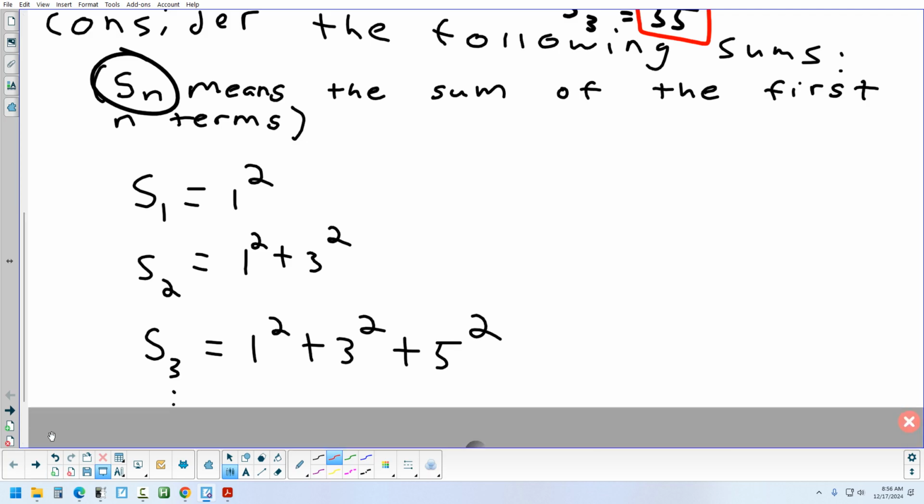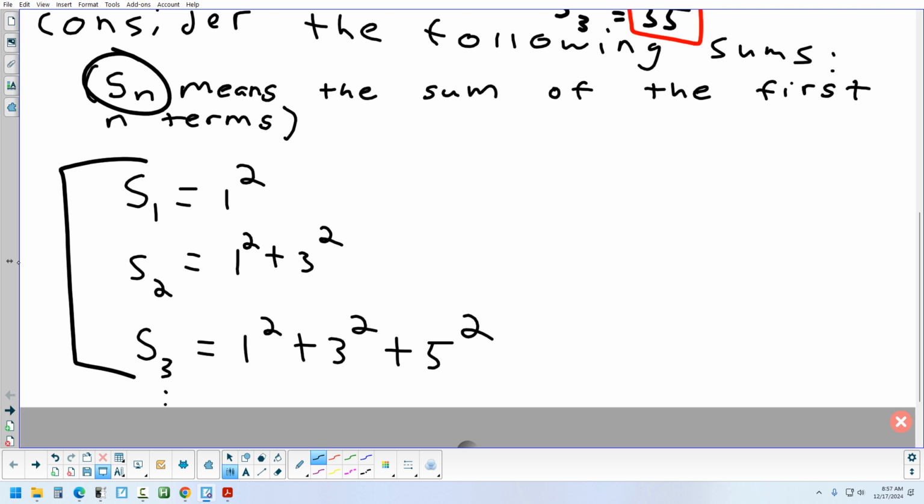That's how you find those. Okay, so any questions on how I got those formulas for each one of those? And then the actual answers I put up in the red box up above.